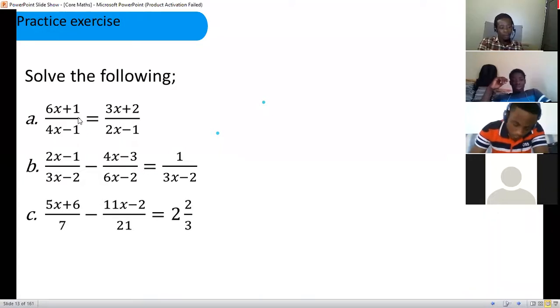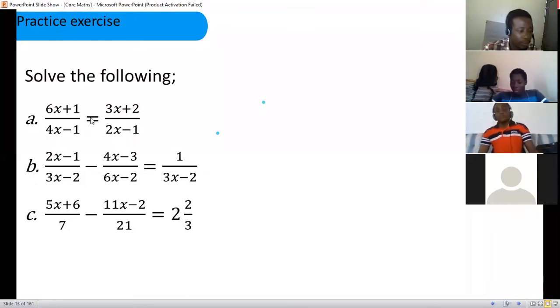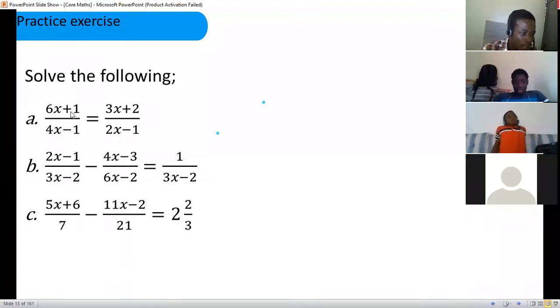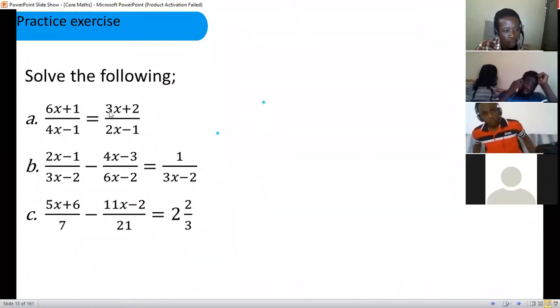We couldn't finish even example 1 last week before we had the interruption, so we're going to take that again. For practice exercise 1, we have (6x + 1) over (4x - 1) is equal to (3x + 2) over (2x - 1).